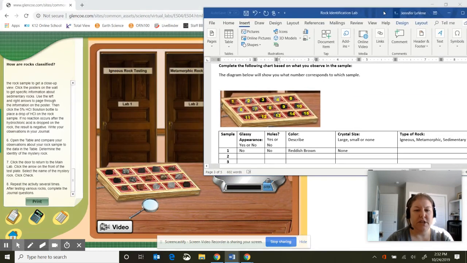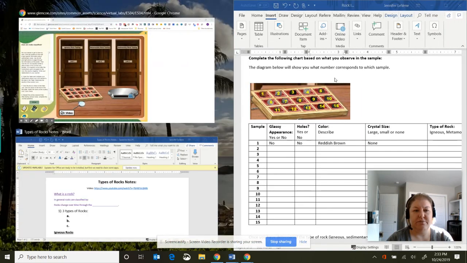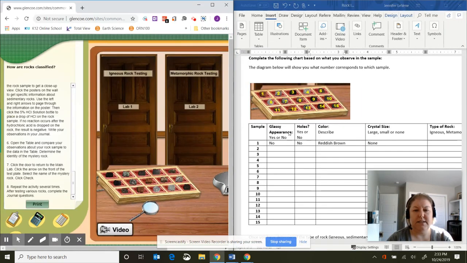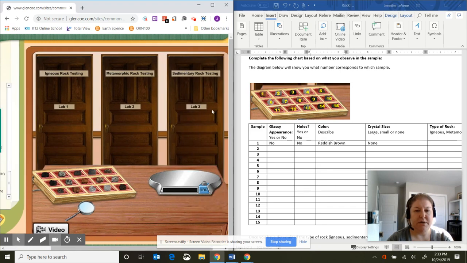I will move this over here. So we are going to go in and answer specific questions. The first question we need to answer is sample one. So we're going to take sample one, which based on the box is right there, and we're going to grab it and put it over here on the scale.